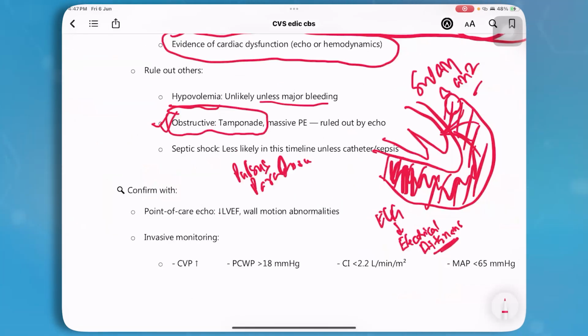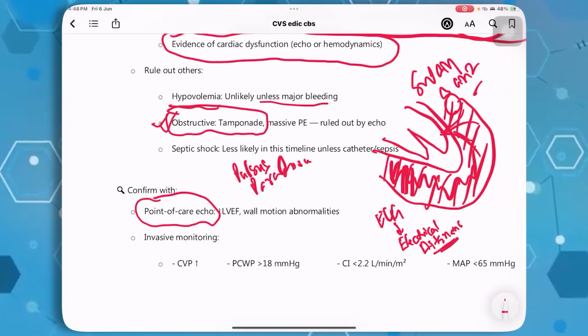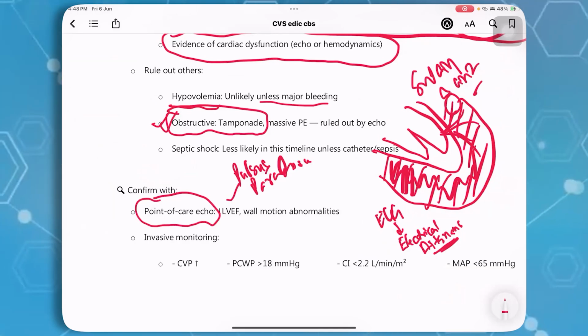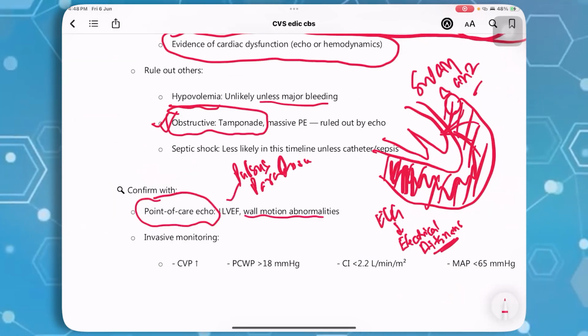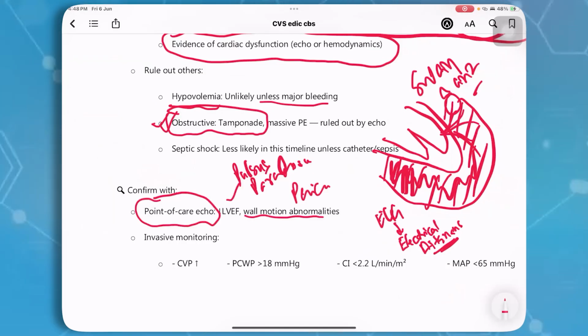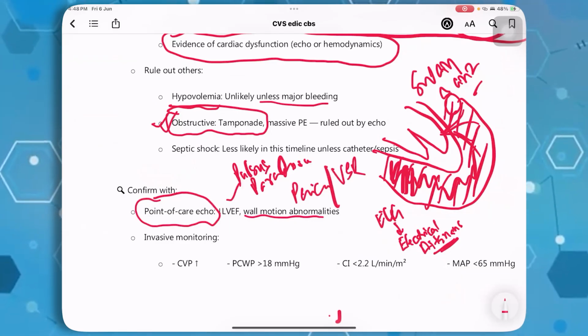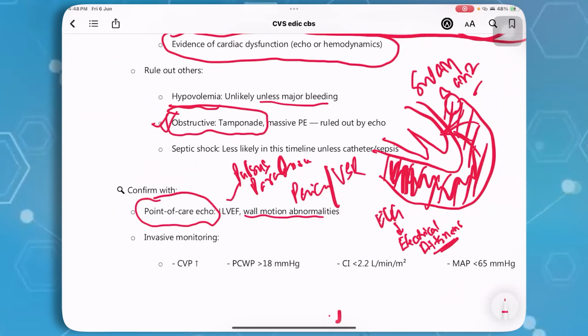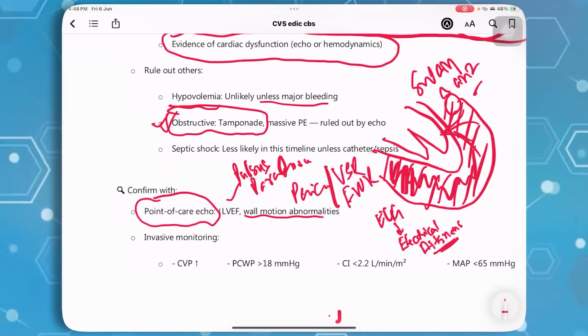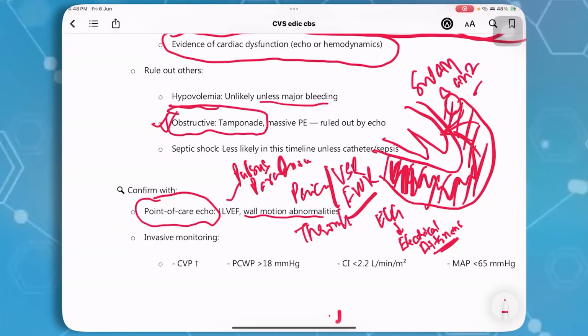So we can do all of this with the help of point of care echocardiography, that is bedside echocardiography. You can check the LV ejection fraction, you can check the wall motion abnormality, you can rule out any pericardial tamponade, you can even see a ventricular septal rupture, you can even see a free wall rupture, and of course you can make out the scar tissue or presence of any intraventricular thrombus in the left ventricle.